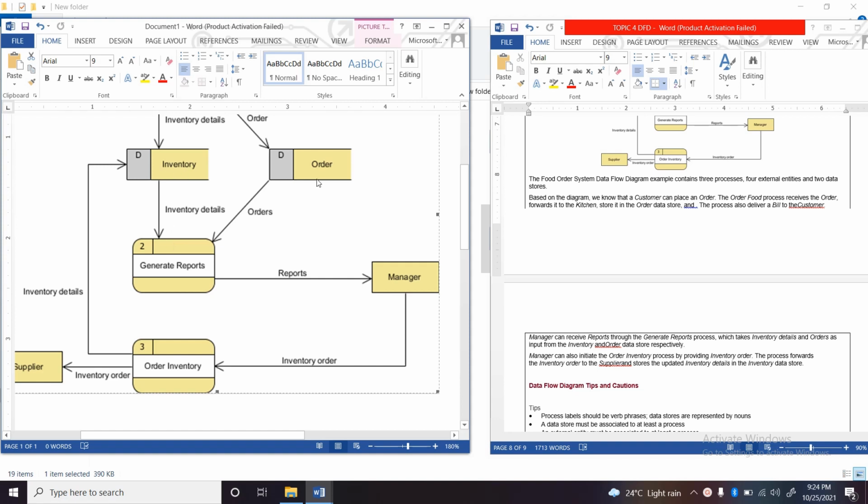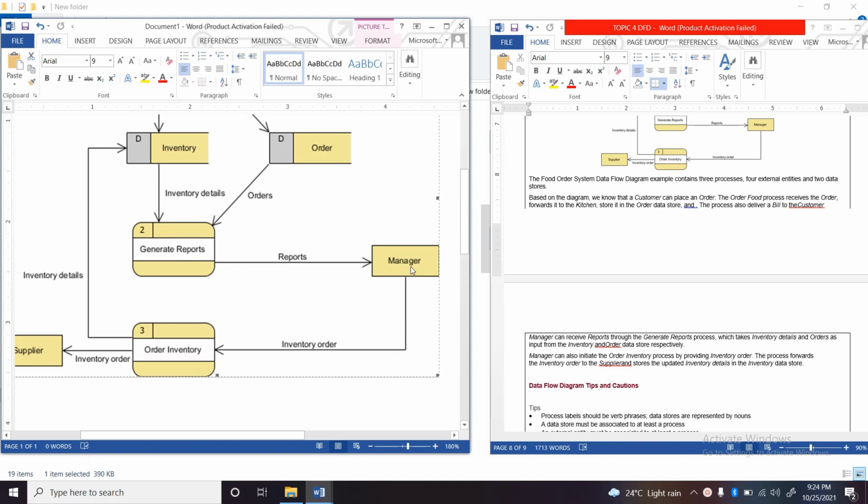So, yung dalawang data store natin na under ng generate reports, we have the inventory and we also have the order. So, yung inventory na data store natin, magpo-forward siya ng mga inventory details as well as the order doon sa process na generate reports and then ibibigay niya sa manager.